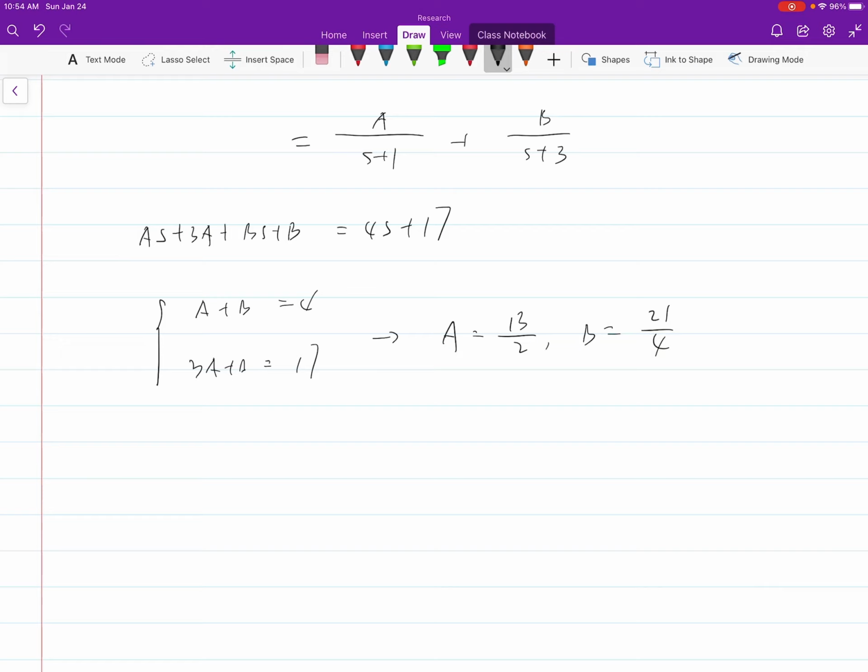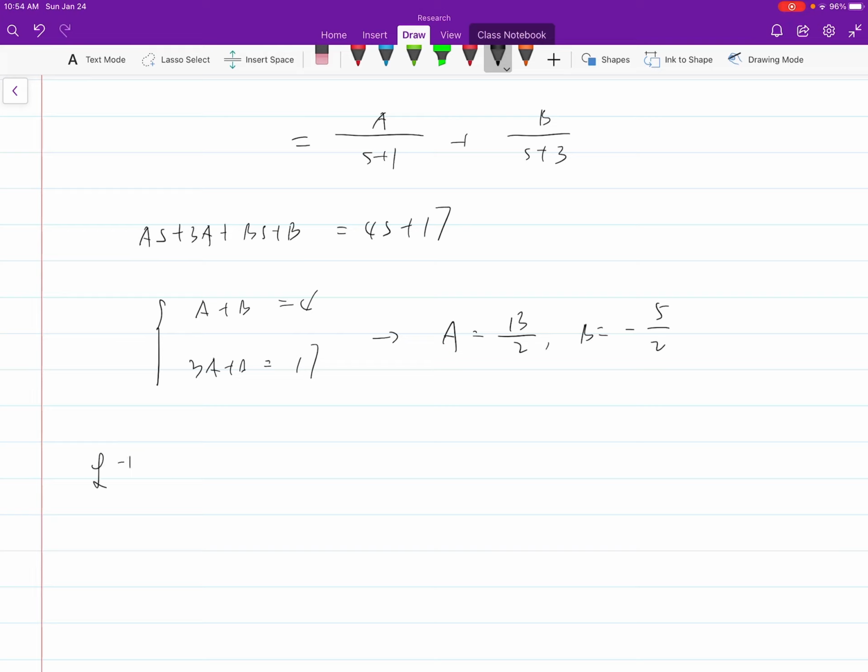A plus b doesn't sound right. Hold up. Yeah, can't be. Okay, a equals 17 over 2, so this one equals negative 5 over 2. 39 minus 5, 34 divided by 2, that's 17. Okay, so we got this.